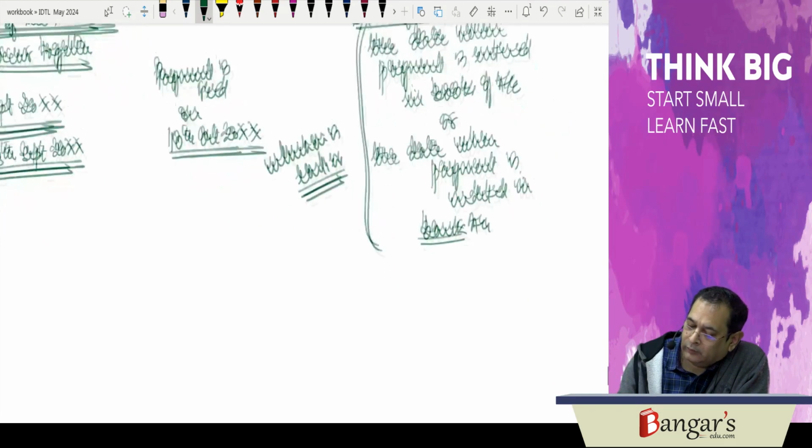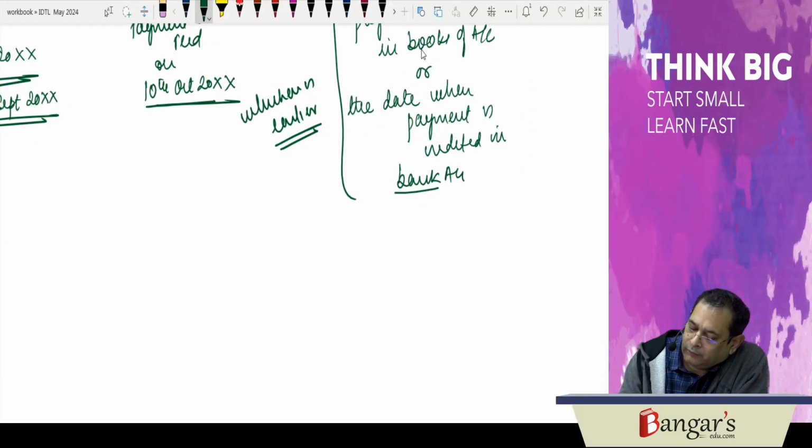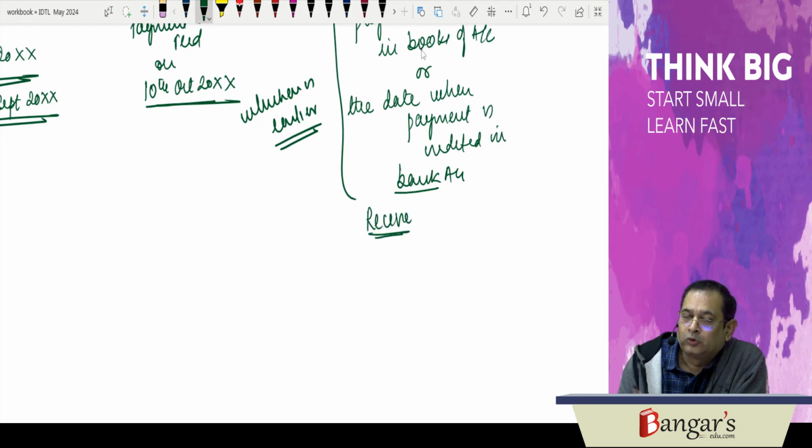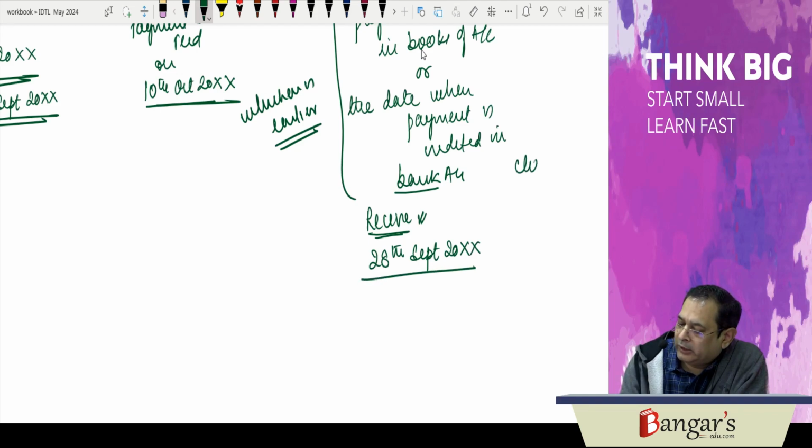But here it has also been provided that if you receive any payment through, say, any instrument to be credited in the bank account. So we have received the payment, we have recorded the payment on 28th of September. Change takes place on 1st of October.